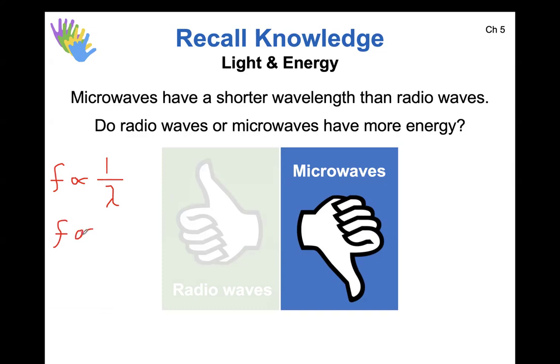So we have an inverse proportionality between frequency and wavelength, and a direct proportionality between frequency and E, where E represents energy. Therefore, if you have shorter wavelength, you have bigger frequency, and if you have bigger frequency, you've got bigger energy. That's the way to see it.